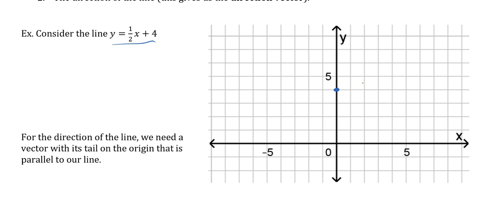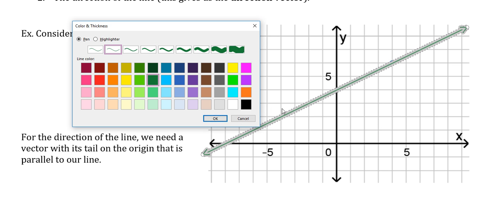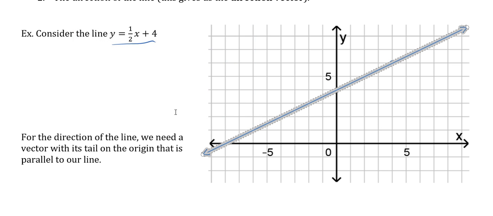Graphing this line, it starts at 4 and up 1 over 2, up 1 over 2. Up 1 over 2. All right, got that?